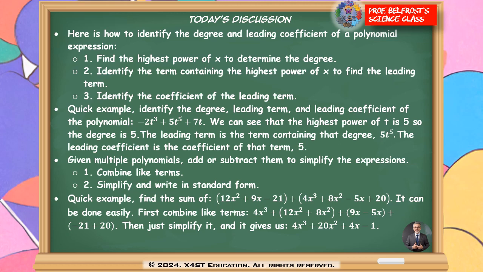But x squared has a friend, we can have 12x squared and 8x squared to be added together. X also has two terms, which is 9x and minus 5x, and the constants minus 21 and 20 are also grouped in one group. Then we can just simplify it and it gives us a more simplified expression, which is 4x cubed plus 20x squared plus 4x minus 1.